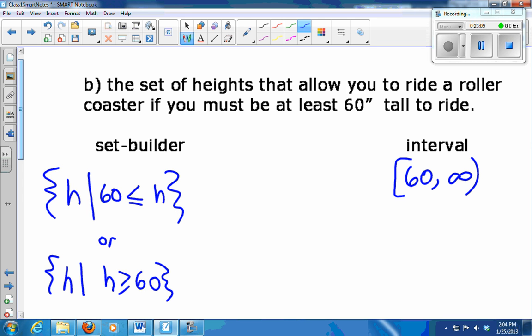Just remember that the alligator always eats the bigger thing. Okay. I still think that after my 5th grade teacher taught it to me. I still use it to this day. The alligator eats the bigger number. So you're like, okay, h has to be the bigger, so alligator eats the h. Doesn't matter which order you put it in.